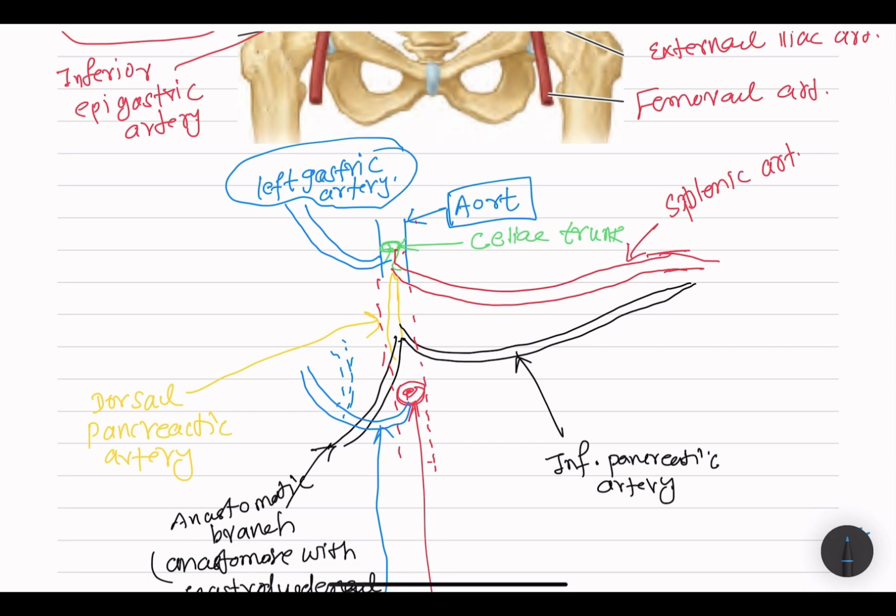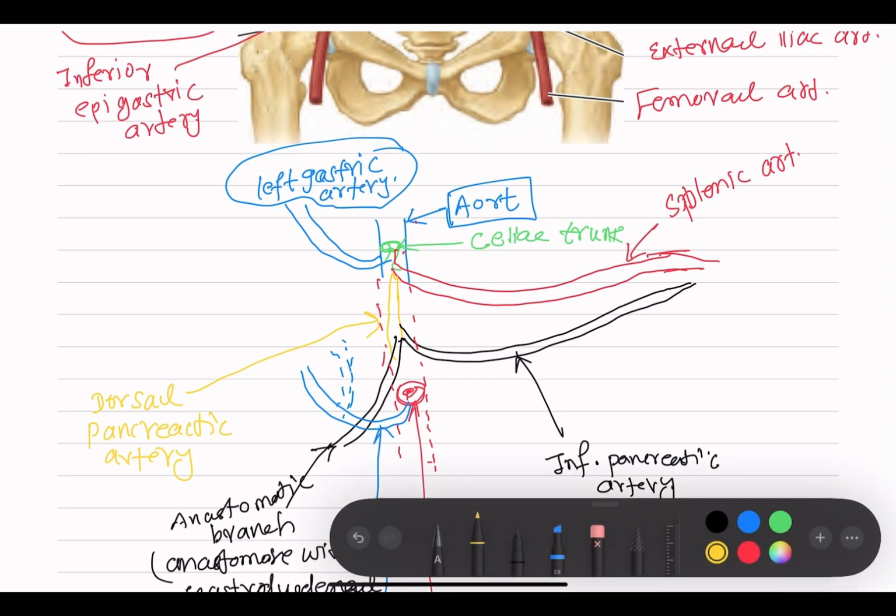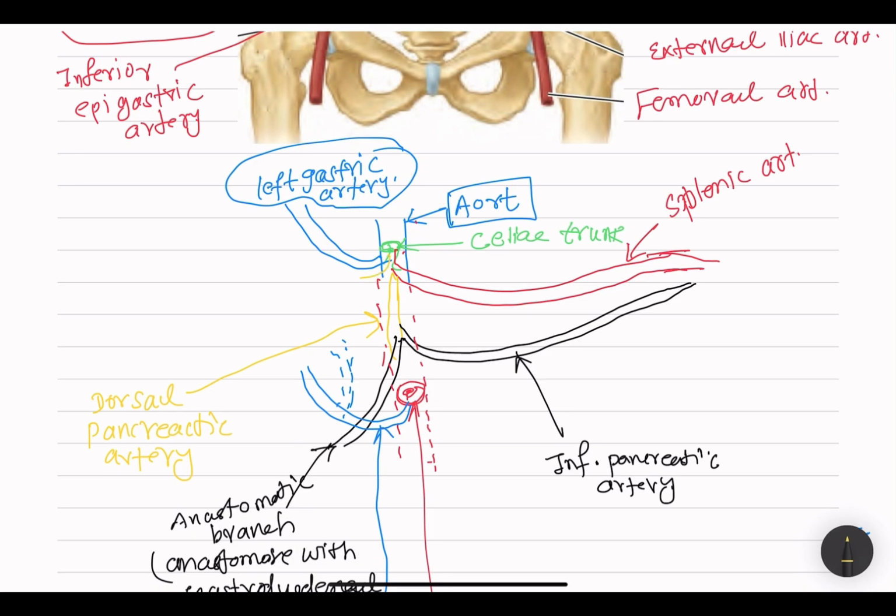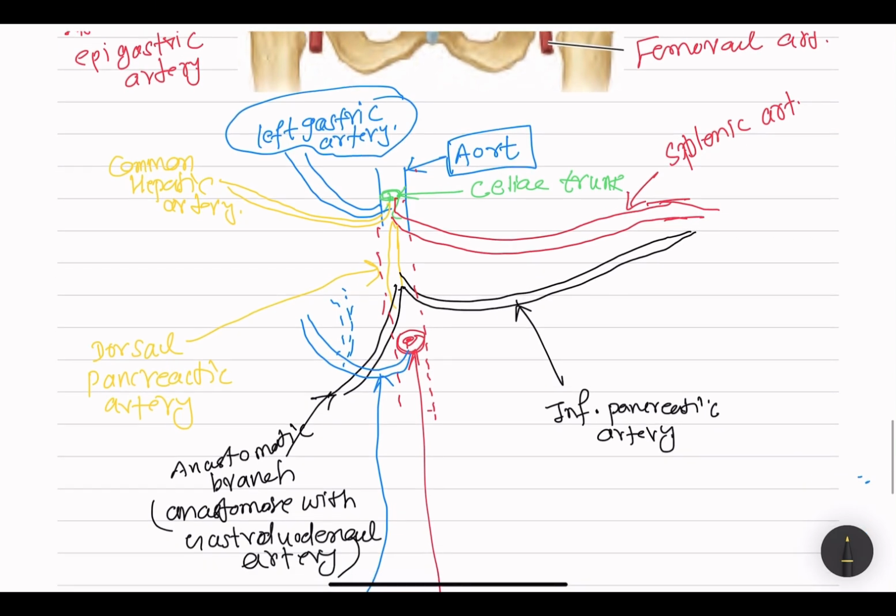And here again, the other artery coming from the celiac trunk is the common hepatic artery, which supplies our liver. I will discuss it in detail when I discuss the anatomy of the liver. For now, we just have to focus on our pancreas.